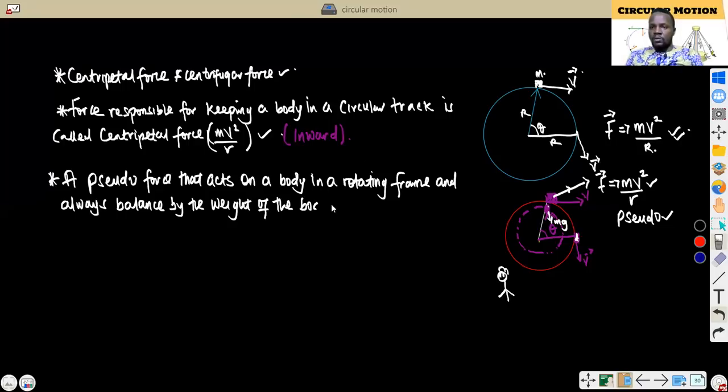So numerically, you can say it is given as F equals negative mv squared by r, always opposite, which in modulo form you can write as mv squared divided by r.